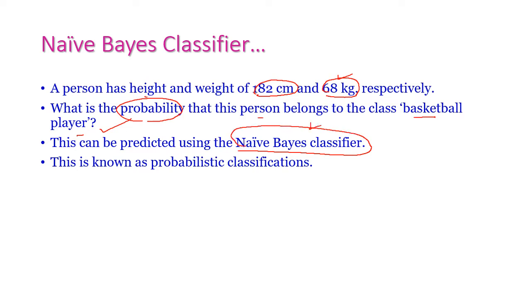Because different player classes are there, and now we need to predict whether our person A belongs to basketball team or not. So this is known as probabilistic classification. Based on the probability of this particular person, we need to classify whether he belongs to basketball team or not.